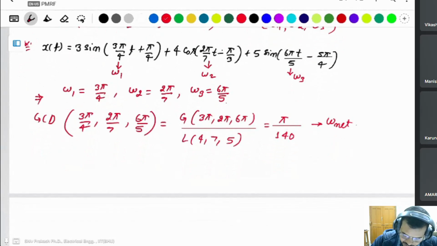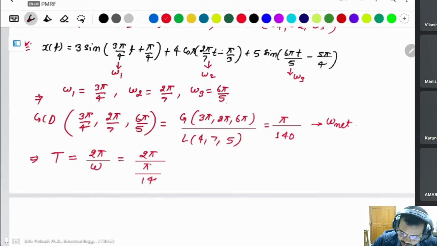So omega naught is this one. So how can we find the fundamental time period? T is 2 pi by omega, 2 pi by pi by 140. Pi cancels out, 140 into 2 is 280.